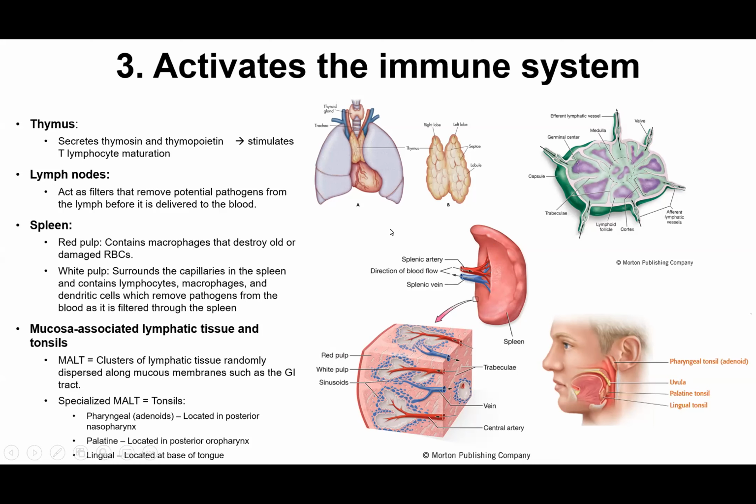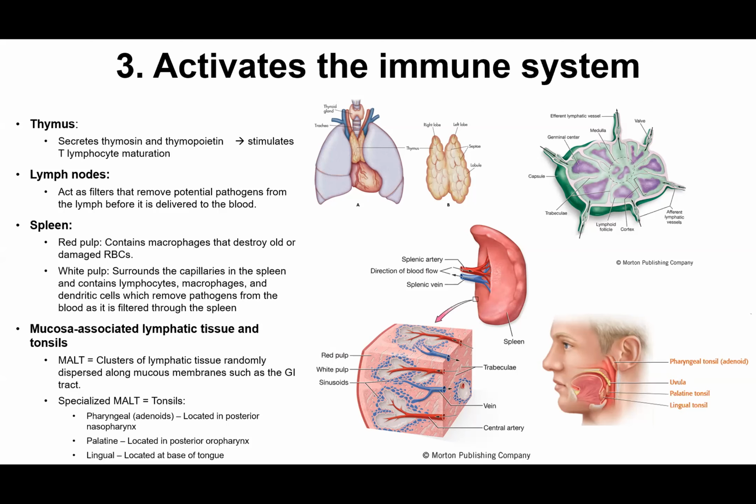And just so I can help you orient yourself, if this is the spleen, here's the splenic artery. So blood is going to come in to the spleen. It's going to go around this area, and then it's going to come back out via the splenic vein, at which point it would be returned through the inferior vena cava back to the heart.